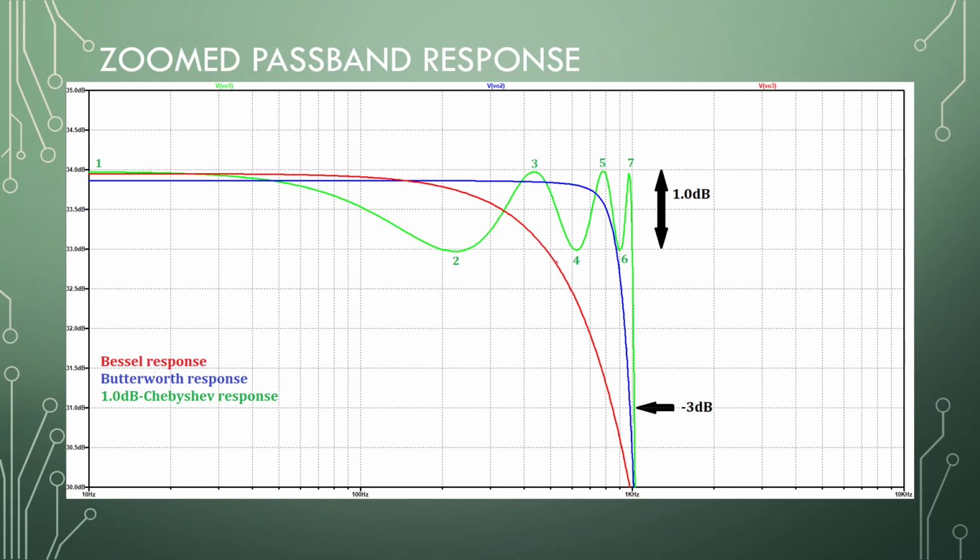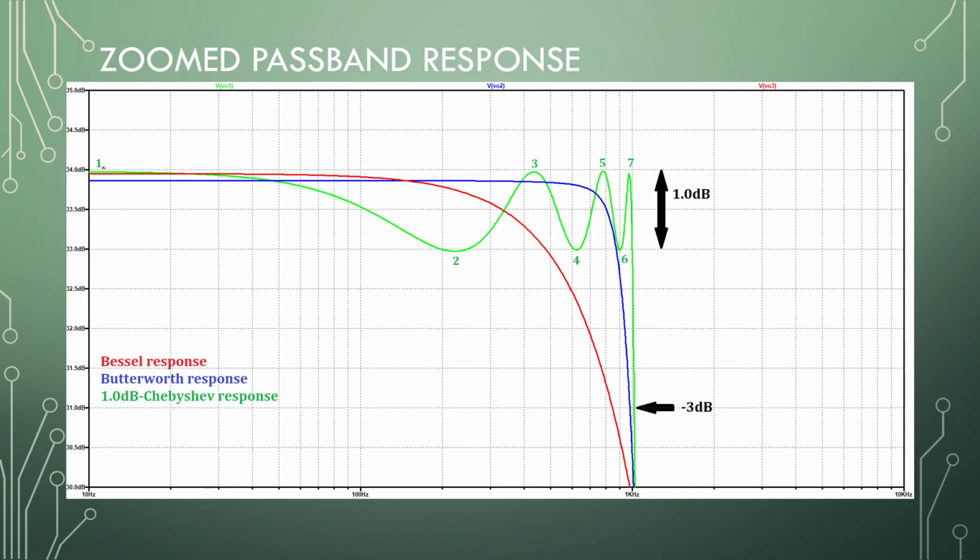So the Bessel has a very long, very slow cutoff towards 1 kilohertz right here. The Butterworth is in between, and we have the ripples for the Chebyshev, but it immediately crashes at 1 kilohertz like this.